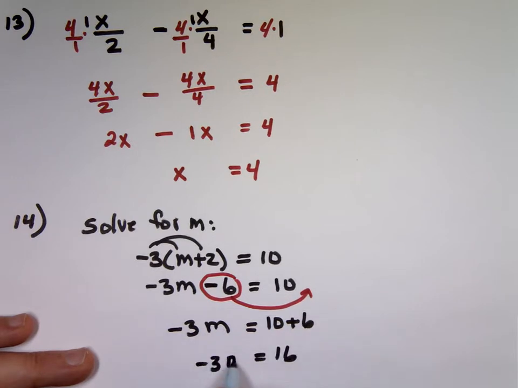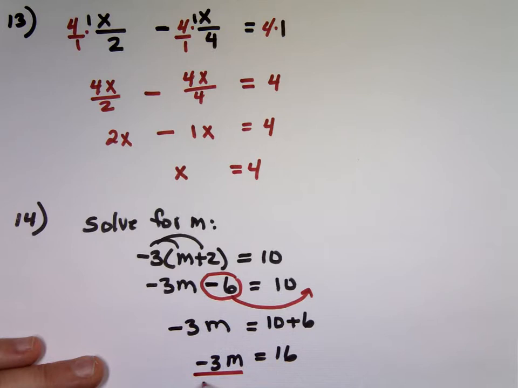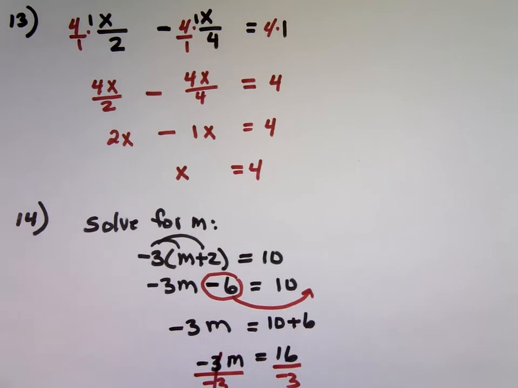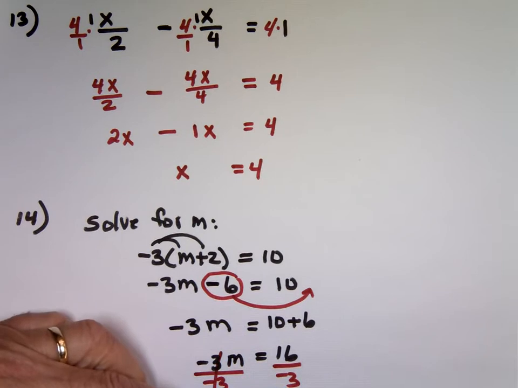And I don't want to solve for negative 3m. I want to solve for 1m. Divide by negative 3. So m equals, and I always like to put the minus in the front when I write this, negative 16 over 3. Or negative 16 over 3 on the top. We'll never put it on the bottom. We just don't like to see it in the bottom.